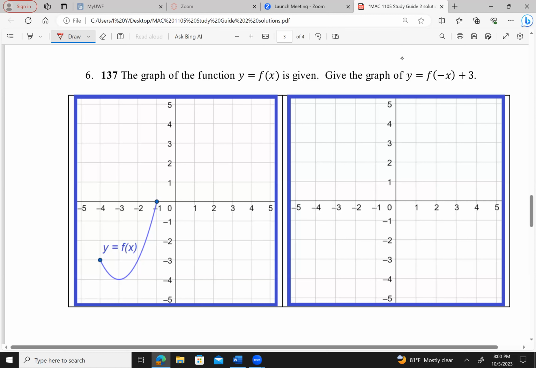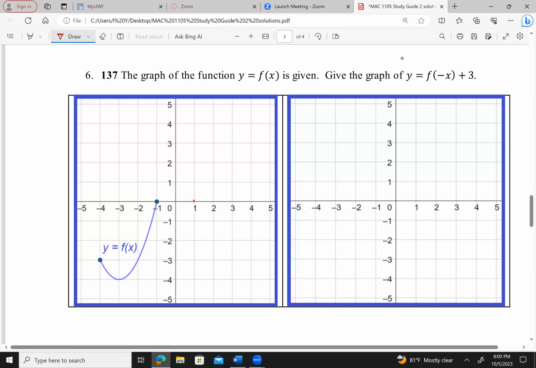So negative 1, 0 becomes 1, 0. -4, -3 becomes 4, -3. We probably should look at this point here as well. -3, 4 becomes 3, -4.